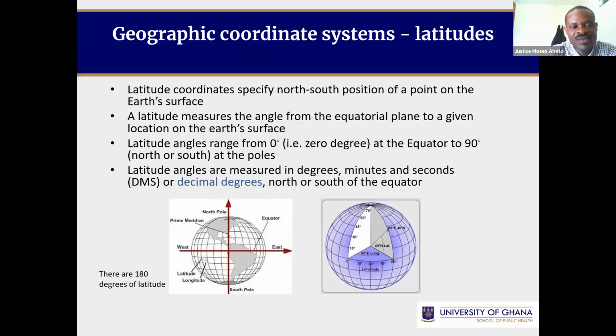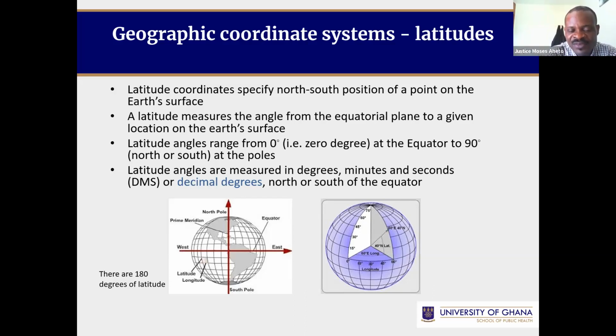Okay, so we have the latitude coordinate, which actually indexes the north-south position of a point on the Earth's surface at any time. Latitude measures the angle from the equatorial plane to a given location on the Earth's surface.